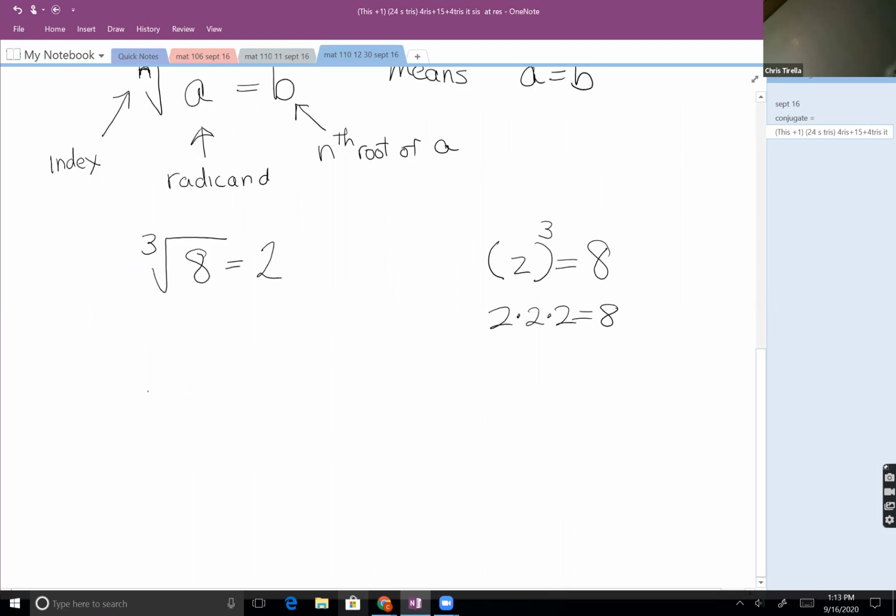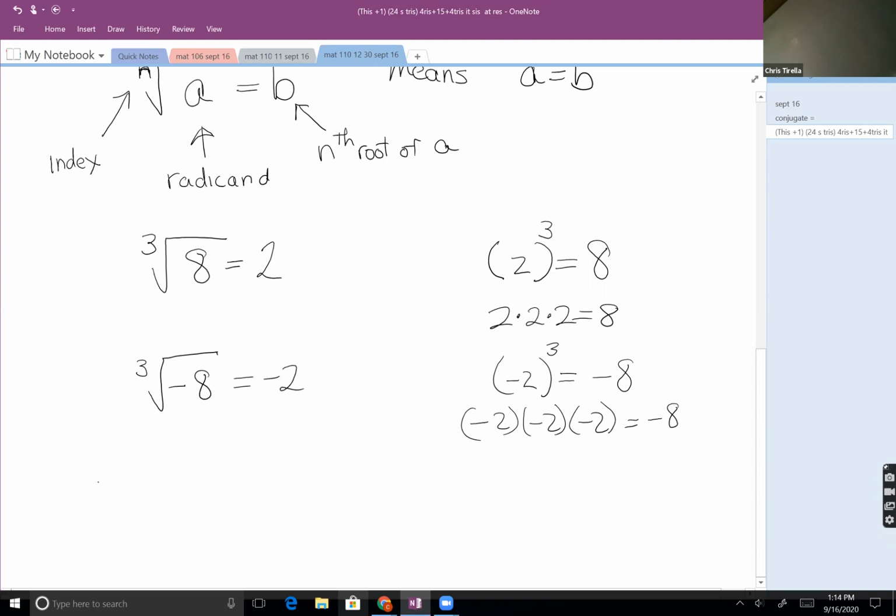Now, that's an odd index. Would I be able to take the cube root of negative 8? Is there something I can multiply by itself 3 times to get negative 8? Well, if I took negative 2 times negative 2 times negative 2, I would get negative 8.